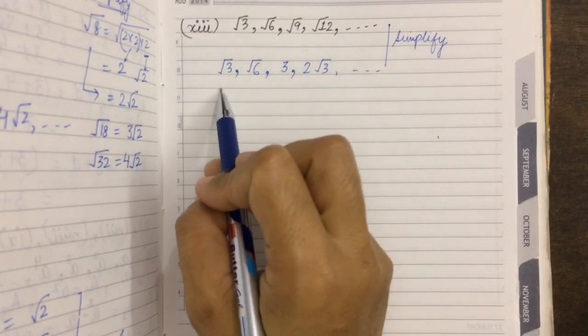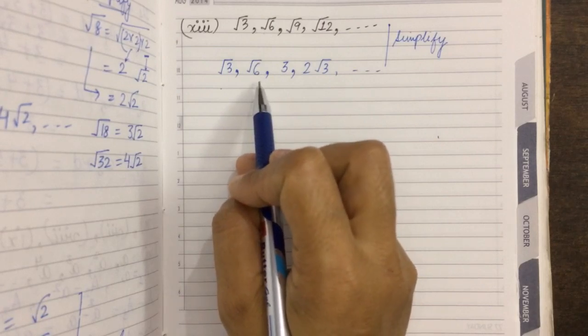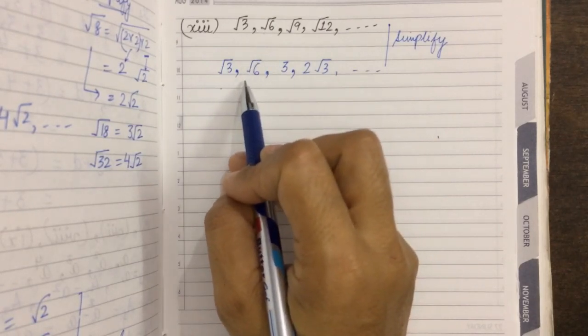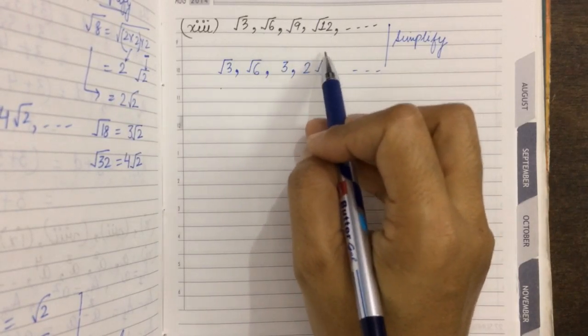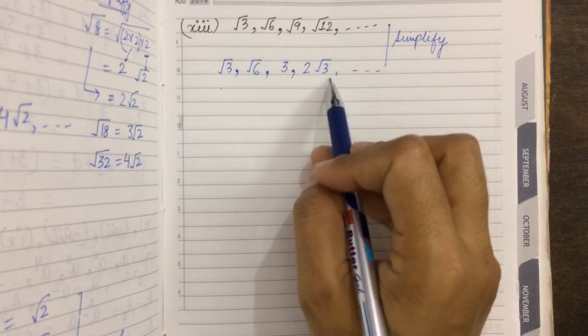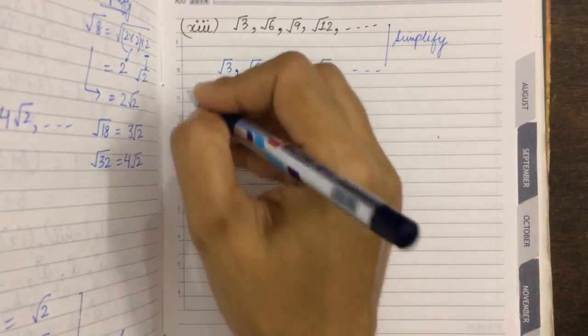Square root of 3 stays. 6 on prime factorization does not form any pairs, so it remains square root of 6. Square root of 9 is 3. Square root of 12 can be simplified and you will obtain 2 times the square root of 3.